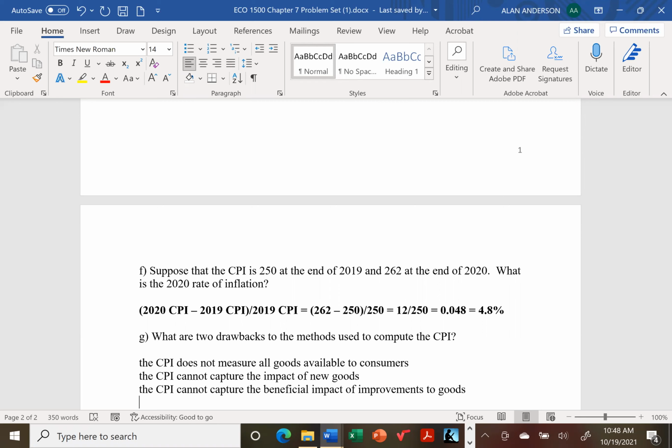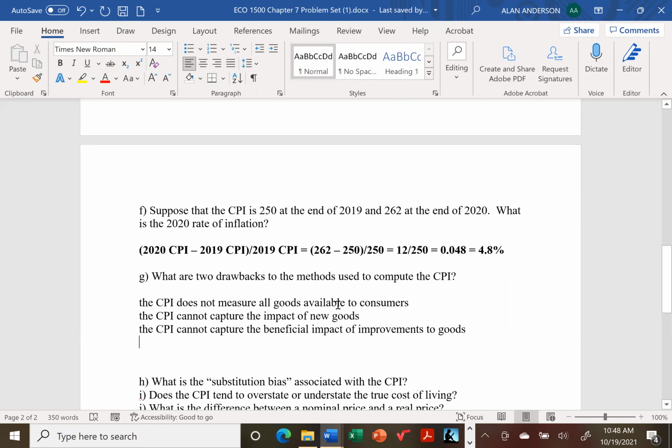So in effect, the cost of living technically hasn't changed, but in reality, you're better off because the quality is higher. So the CPI can't really address the question of quality. If we use it as a measure of standards of living, or how well we can afford to buy, it's not going to be as useful as it could be, because it doesn't take into account the fact that even if prices don't change at all, we're still getting better quality goods over time.